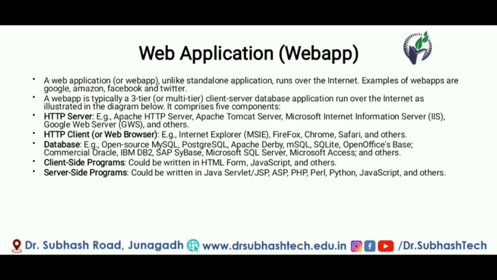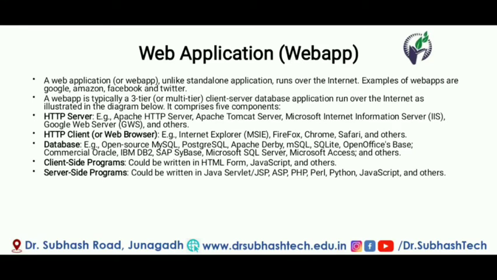Generally there are different types of servers available to run a web application. For example, Apache HTTP server, Apache Tomcat server, Microsoft Internet Information Server, Google Web Server and many more are available to run the web application. Second one is HTTP client, or we can say web browser.